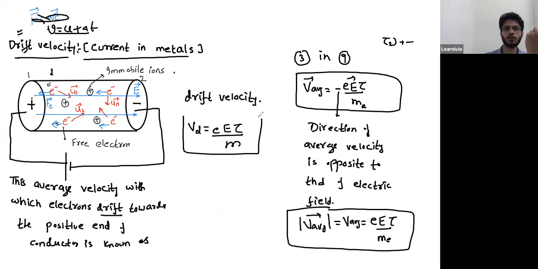This is how you can calculate drift velocity. So drift velocity is the velocity with which electrons in a conductor move, when you have applied the cell, or you have connected this conductor to the cell or battery. Is it clear?